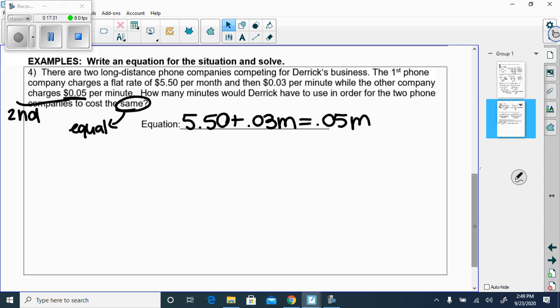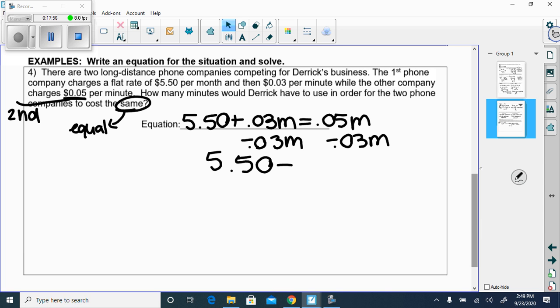Now I just need to solve. So what should I do first? Subtract, or combine, subtract 0.03 minus 0.05. This would be 0.02. Oh wait, I put the decimals in the wrong place there. There we go. So we would have 5.50 equals 0.02m. Then what?